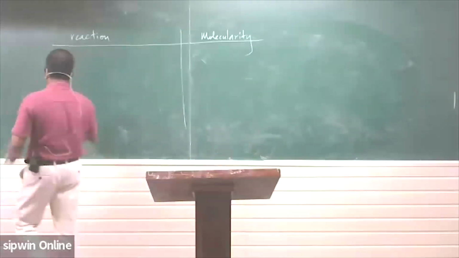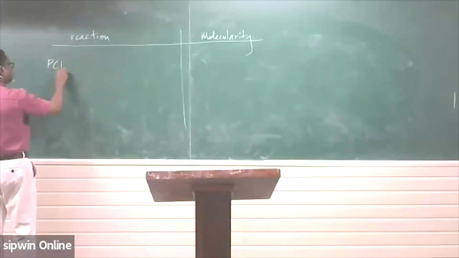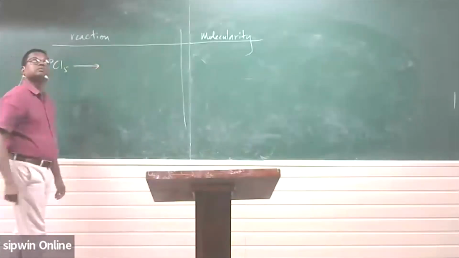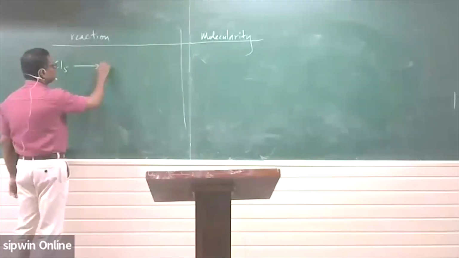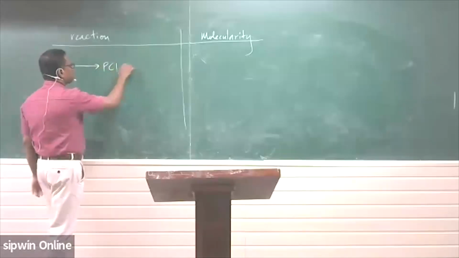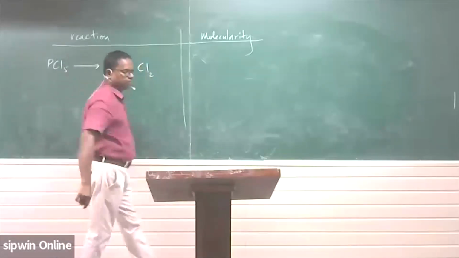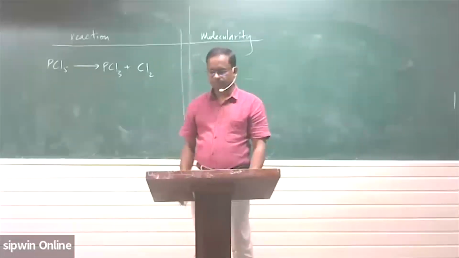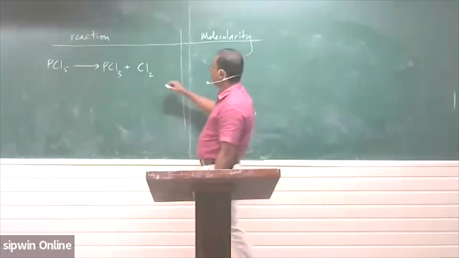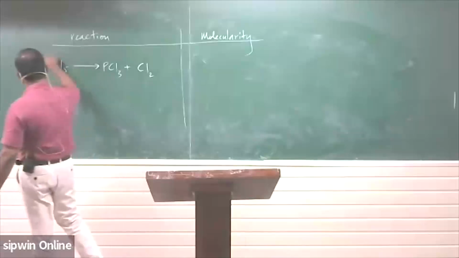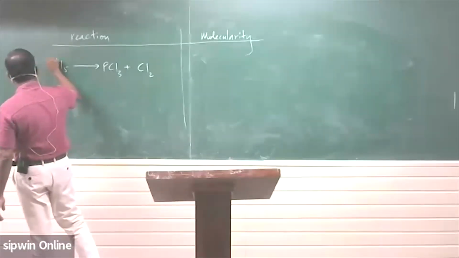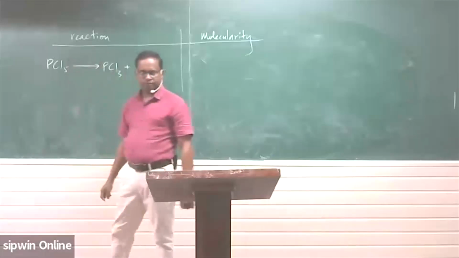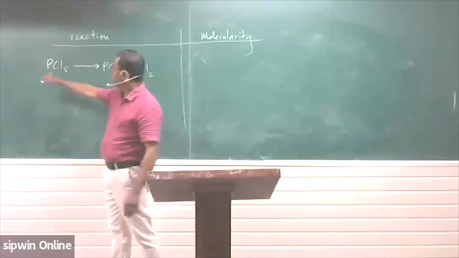PCl5 into PCl3 and Cl2. So the molecularity is 1 here. These are elementary reactions, one-step reactions.